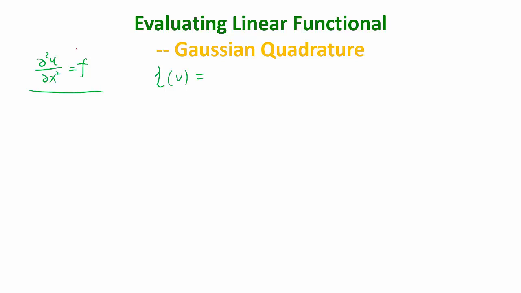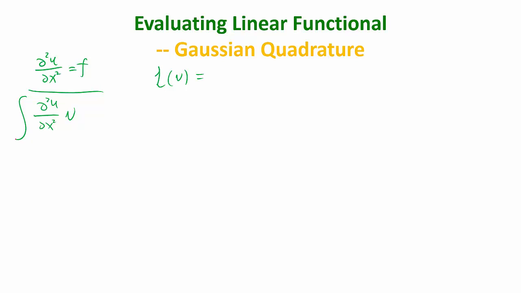How to check for orthogonality? We multiply and integrate. That's our inner product in the functional space, right? So we multiply both left and right hand sides with the test function v and integrate. And the left hand side after the integration becomes the left hand side after we multiply this v and integrate.